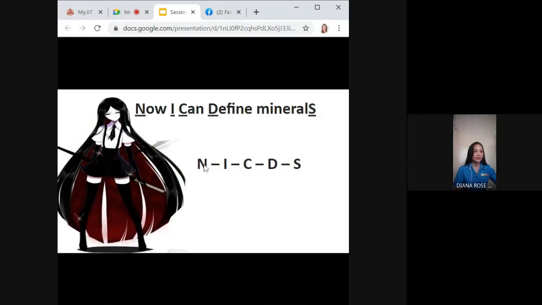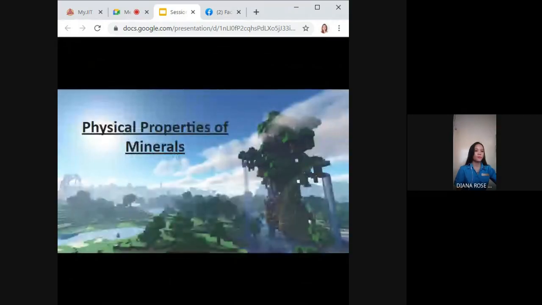N stands for naturally occurring, I for inorganic, C for crystalline, D for definite chemical composition, and S for solid. And now let's move to physical properties of minerals.